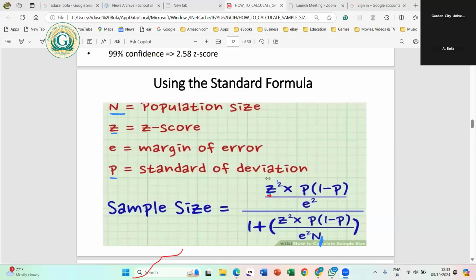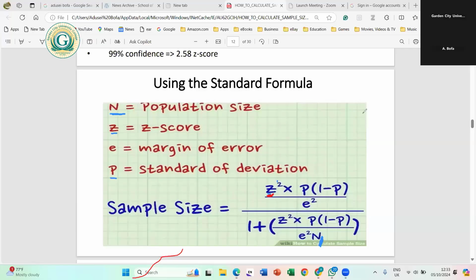If you get this in any exam, if you have to compute your sample size, do not rush. Take your time, one after the other. Any number here, you just multiply by itself.